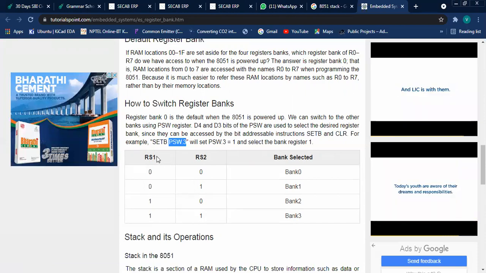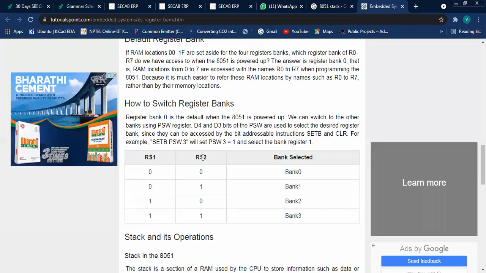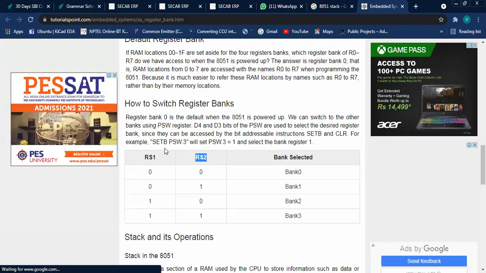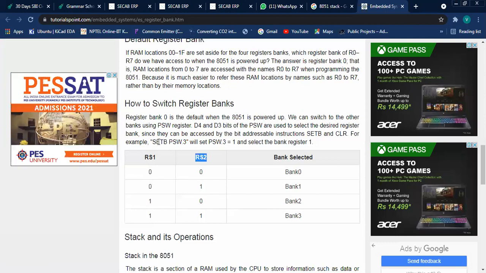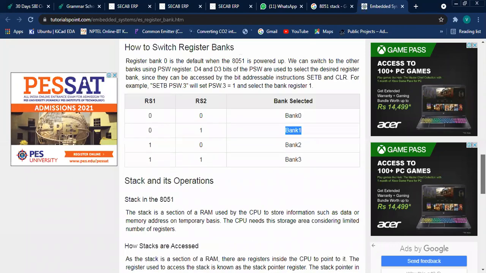This is PSW.4, this is PSW.3. If we only SETB PSW.3, it means this will go high. Then the values of RS1 and RS0 will be 0 and 1, so that bank 1 will be selected. It will go like that.